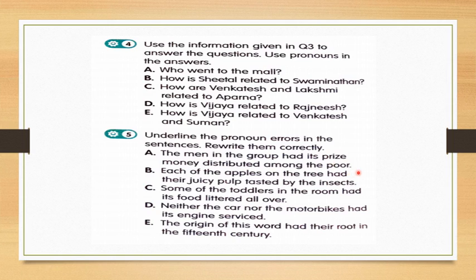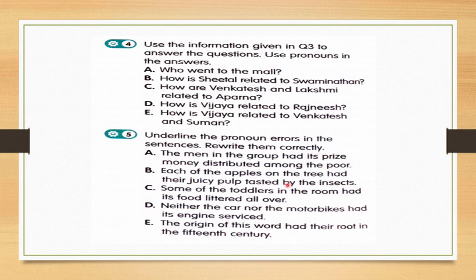So you have to find out the mistake or the pronoun error. Here what is wrong, that you have to find out. The man in the group had its prize money. Here "it" is a pronoun. So you have to find out whether they have used it correctly or not.